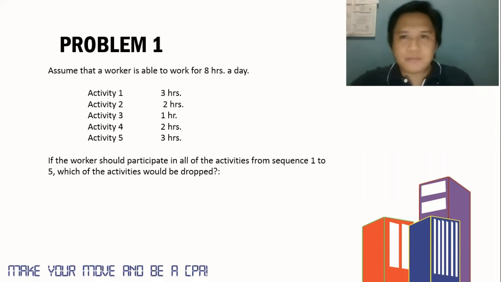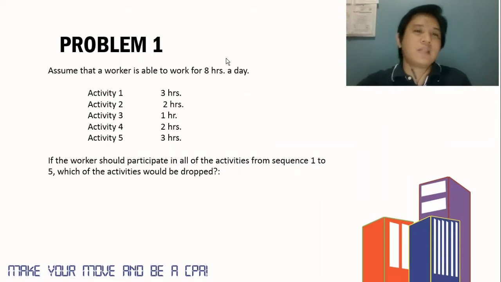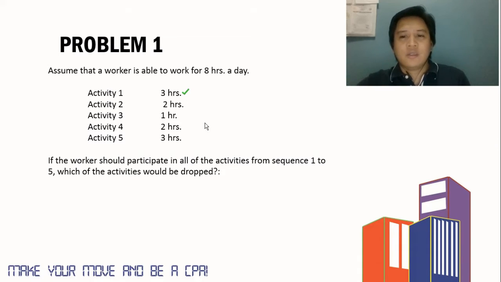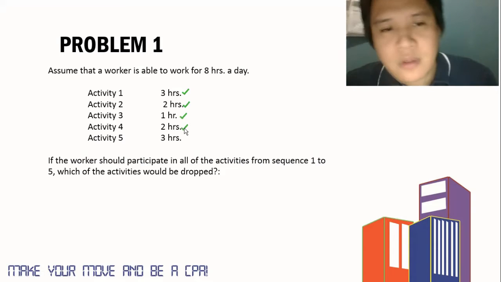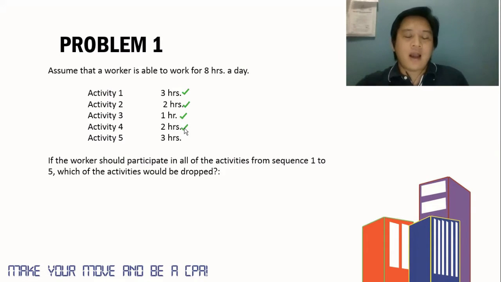If it is required that he does the activities sequentially, we start with activity 1, that's 3 hours. Then activity 2, that's 2 hours. So that's already 5 hours. Activity 3 makes it 6 hours. And lastly, activity 4 for a total of 8 working hours.